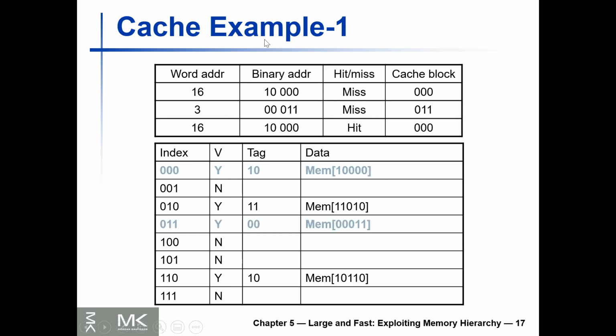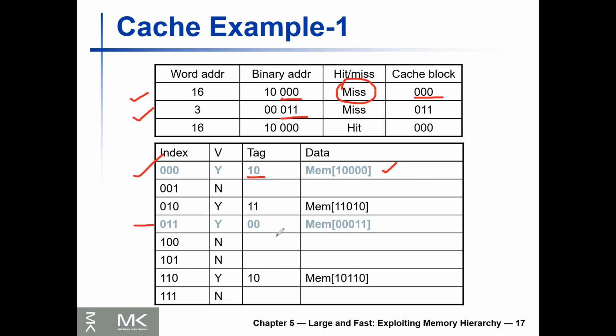Now we can have some more references, like this time we are reading 16. Because 000, definitely in this cache block there was nothing. So if there is nothing, go down, bring the data to this one and place the tag field, and definitely it is a miss as there was no data. Then 001.